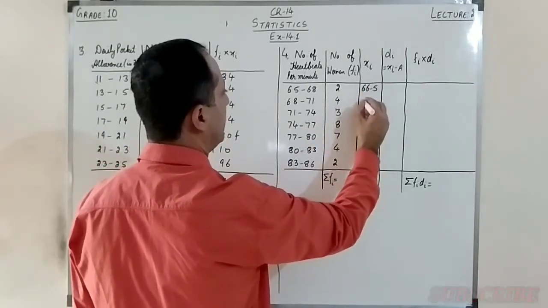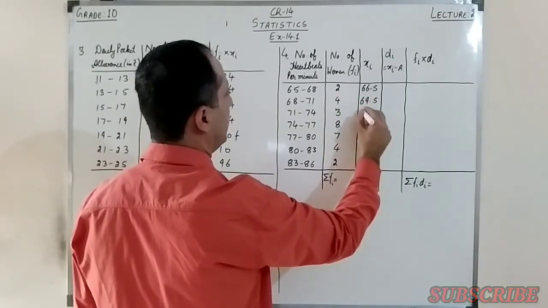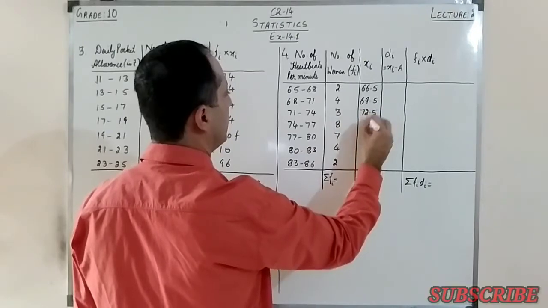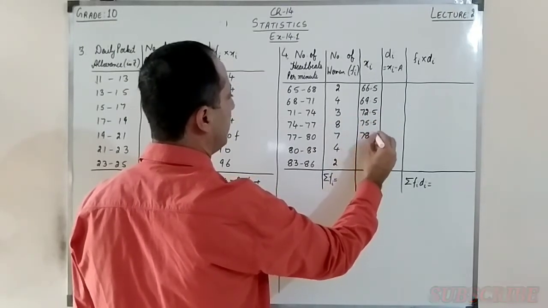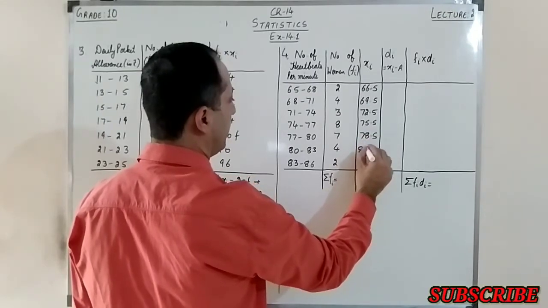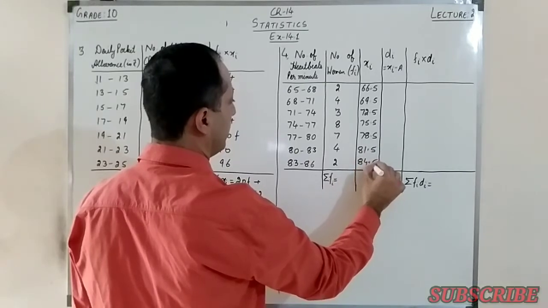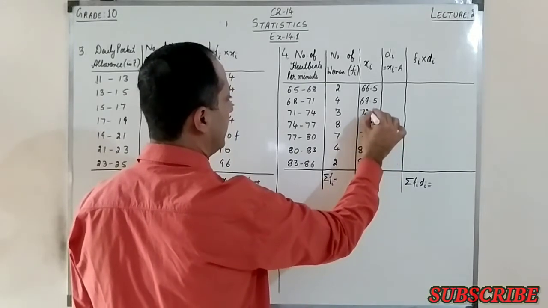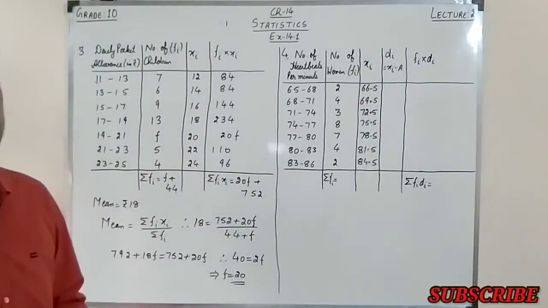The next one would be 69.5. Then we have 72.5, 75.5, 78.5, 81.5, and then 84.5. So these are the different xi's, and from here we find the value of a, the assumed mean.